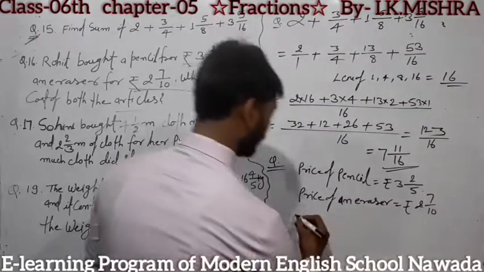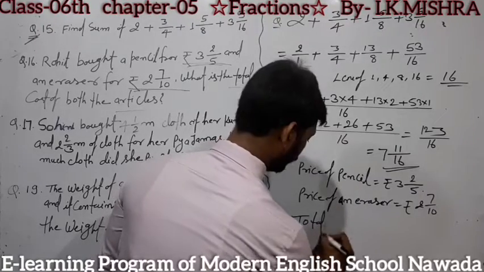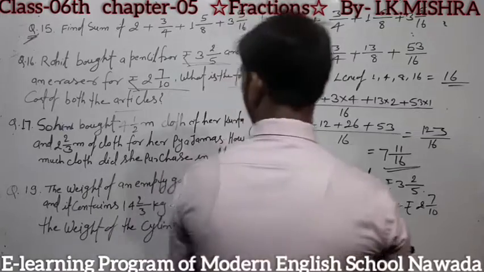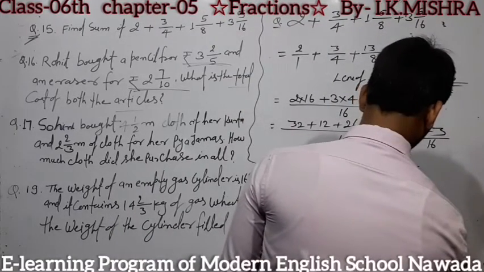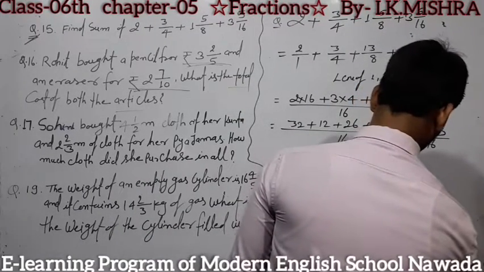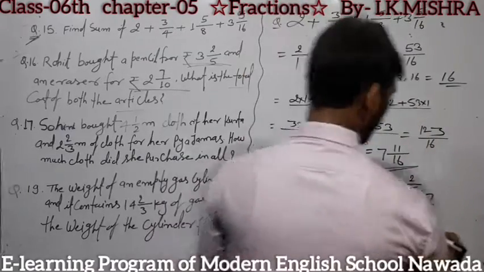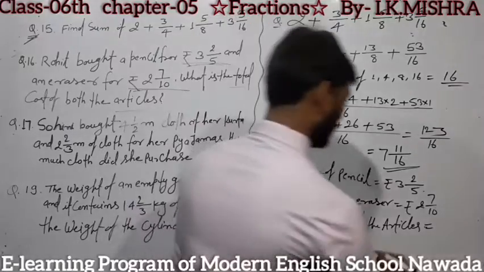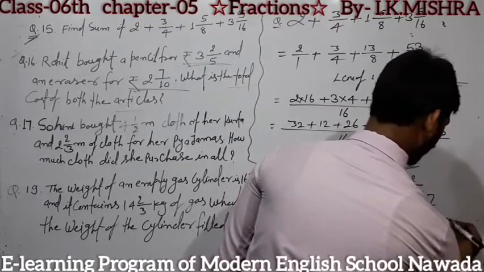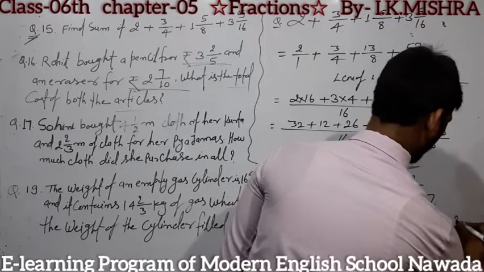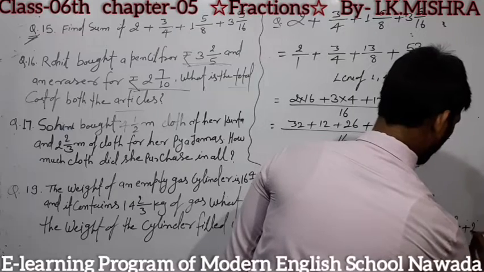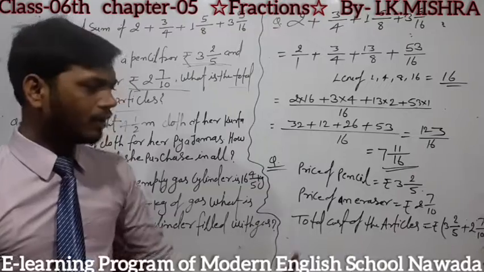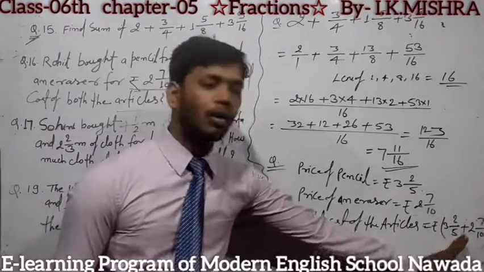So total cost of the articles is equal to the sum of this, which is equal to rupees 3 whole 2 by 5 plus 2 whole 7 by 10. Clear, students? And I think you can add easily of this.